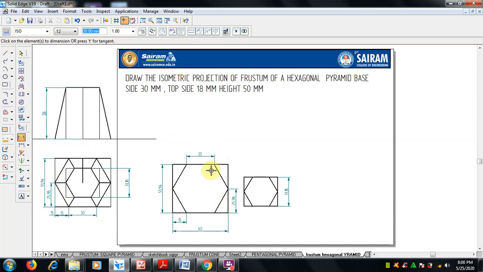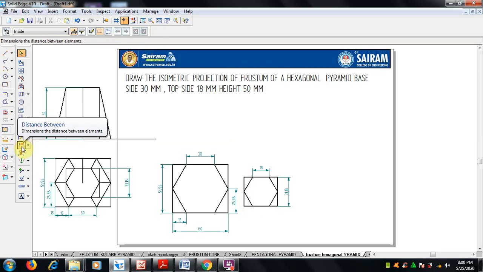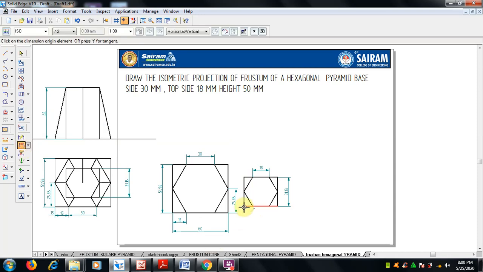First we have to draw this, and like this here also we have to draw the 18 size, and the end of this to the end of this. What is the distance from here to here? It is 9, and this is 18, and 31.6 sides.